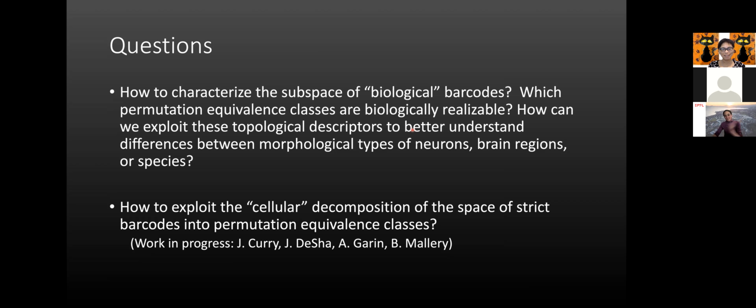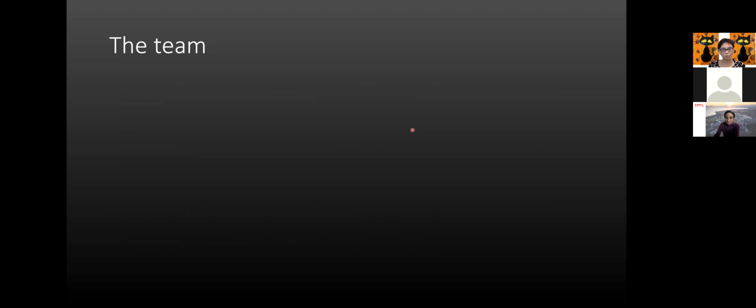There's interesting stratified spaces going on here. And I think there's a huge number of interesting things to explore there. So there's both the biology and the math, which are highly non-trivial and interesting in this context.